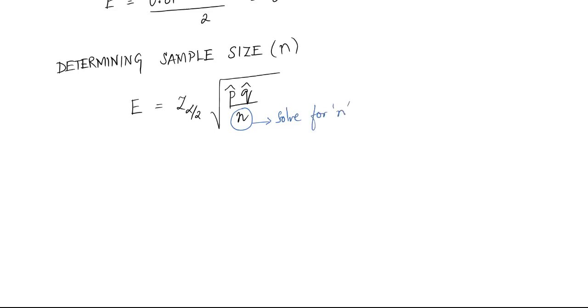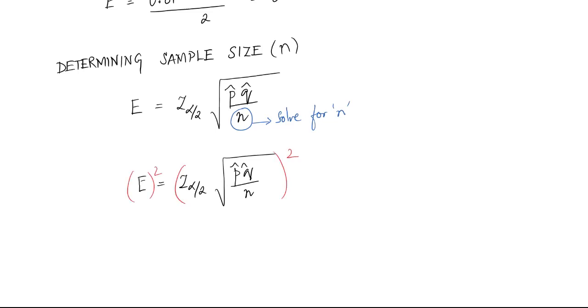So then what we do is, of course, I want to write this one more time. We want to square both sides so that the square root can be removed and we can actually access n.